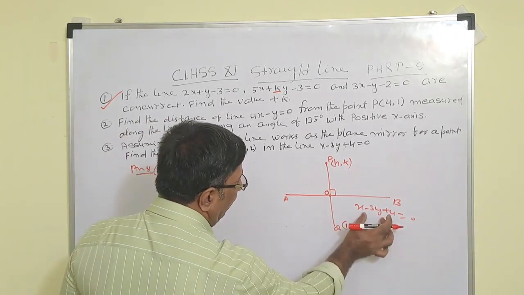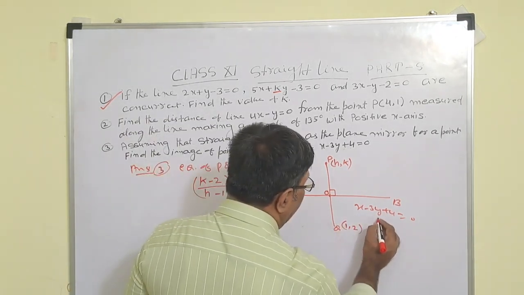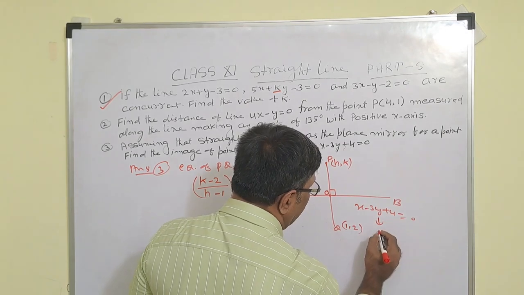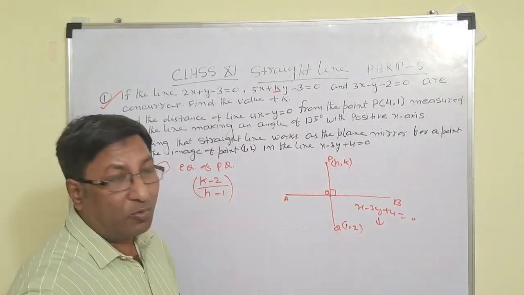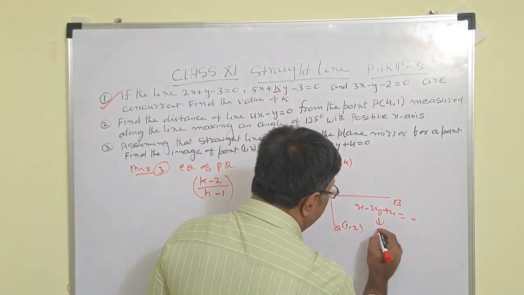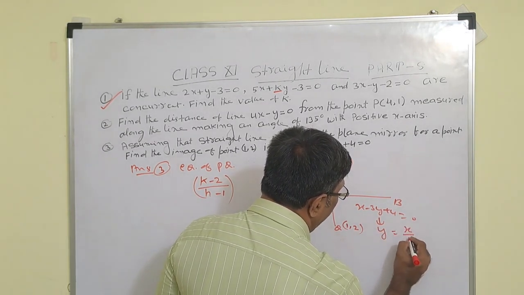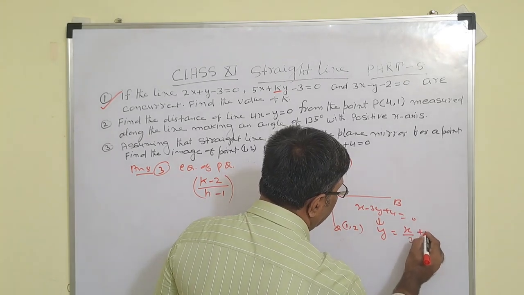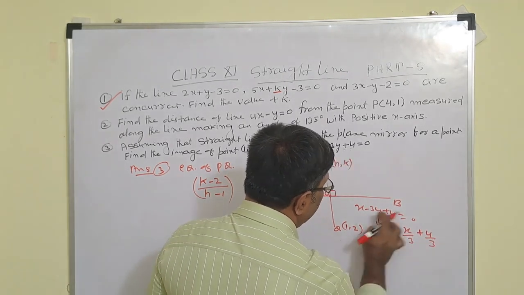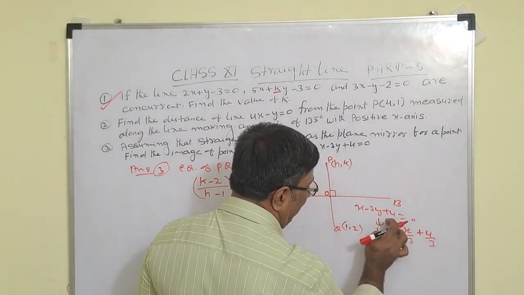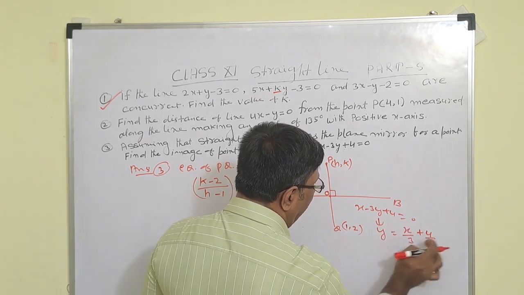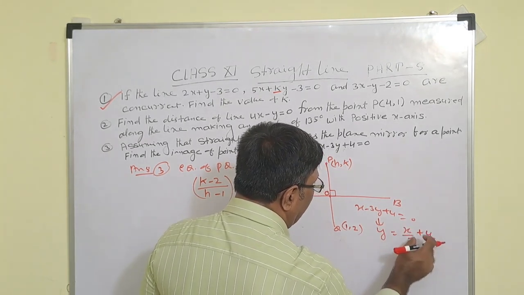Now what is the slope of the given line? If you change this equation into the form y equals mx plus c, then you will get y equals x upon 3 plus 4 upon 3, because 3y equals x plus 4, so y equals x by 3 plus 4 by 3. So the coefficient of x is what?